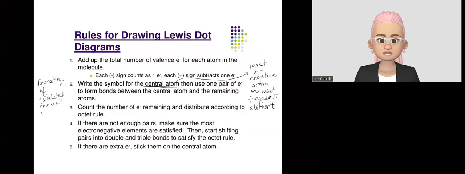If there are not enough pairs of electrons, make sure that the most electronegative elements are satisfied, and then we're going to start shifting pairs into double bonds and triple bonds to satisfy the octet.